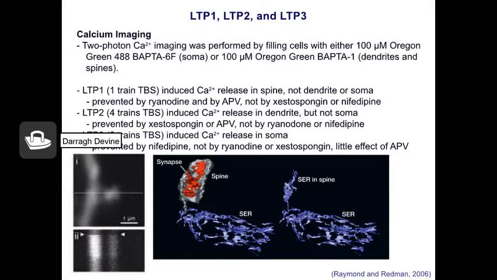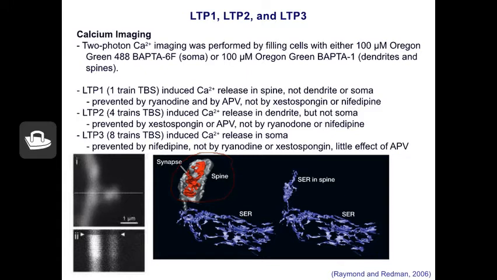The summary I described on the previous slide is actually supported by the fact that ryanodine receptors are prominent in spines directly where the stimulation is applied, keeping them close to the NMDA receptors where calcium influx occurs.